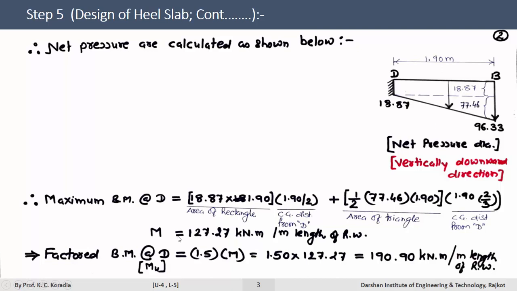The value of maximum bending moment comes out to be 127.27 kilonewton meter per meter length of retaining wall.